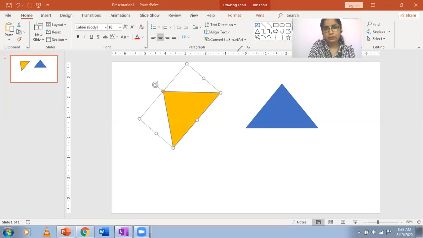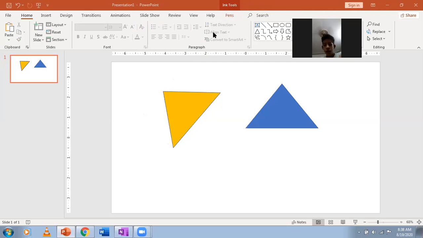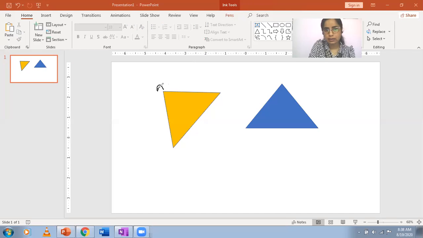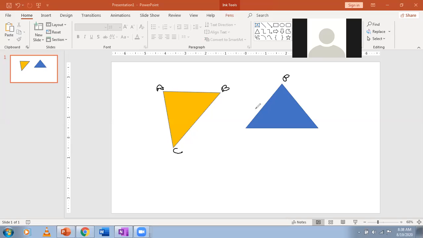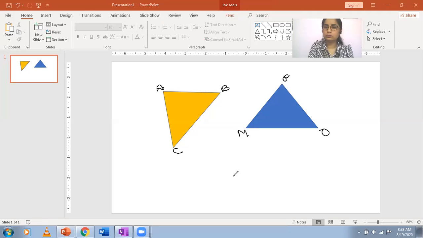I'll just show you this one. Let us say we have this triangle A, B, and C, and this is P, M, O. So I would like to write down triangle ABC is congruent to the second triangle. हमने match कर लिया था इनको.